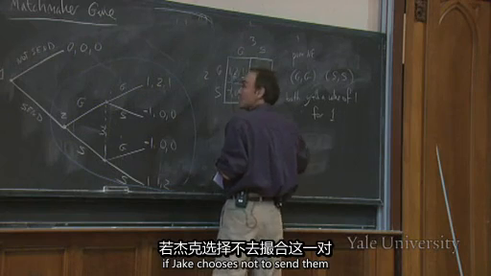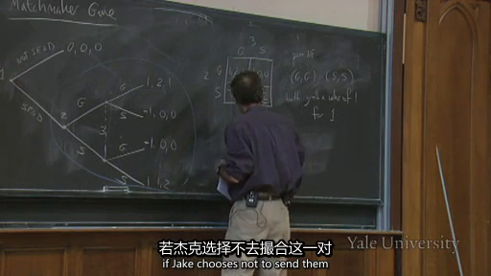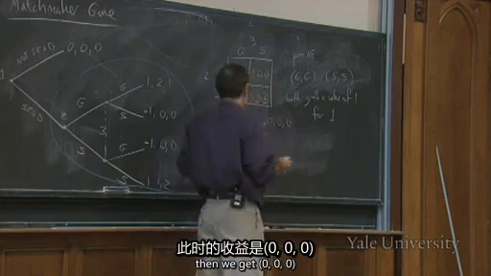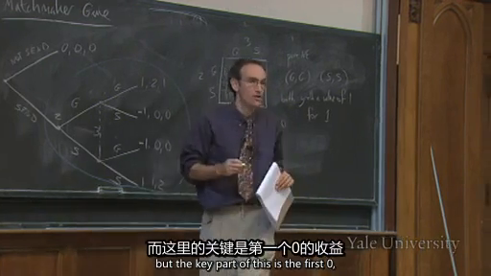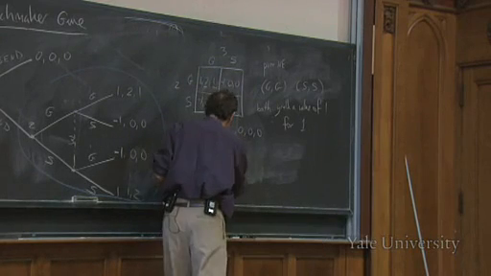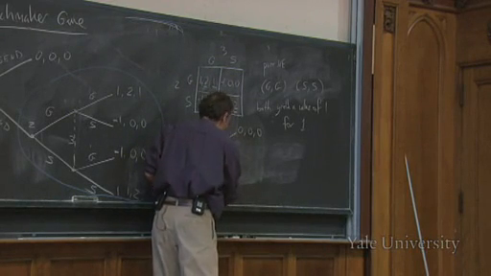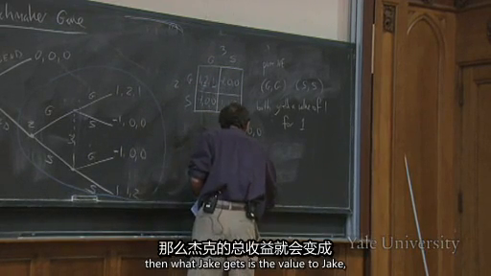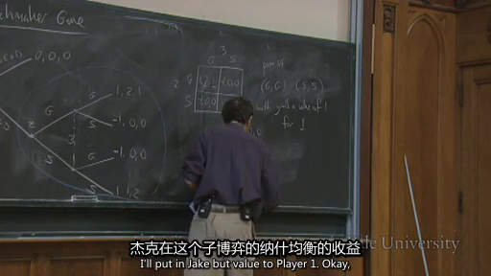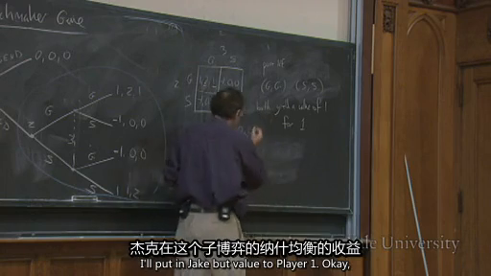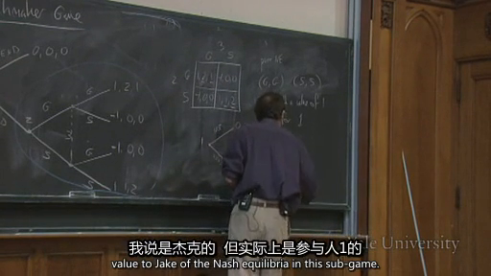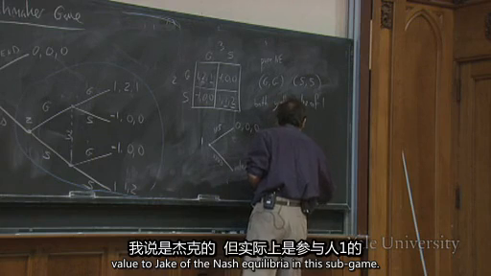So when we roll back, Jake is moving here. If Jake chooses not to send them, then we get 0, 0, 0, but the key part of this is the first 0, that's Jake's payoff. And if Jake sends them, then what Jake gets is the value to Jake, the value to player 1, of the Nash equilibria in this subgame.